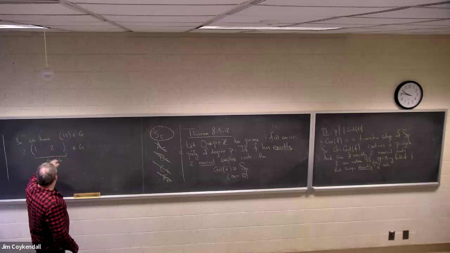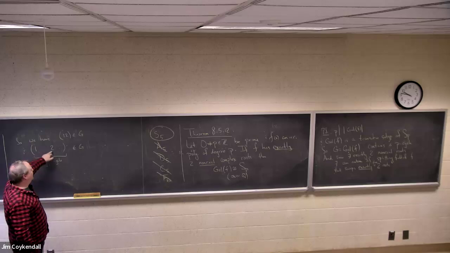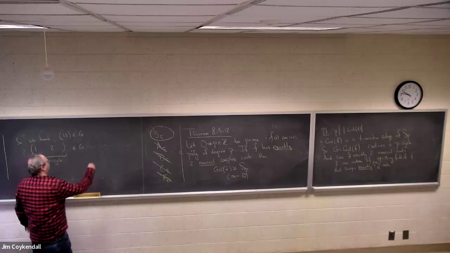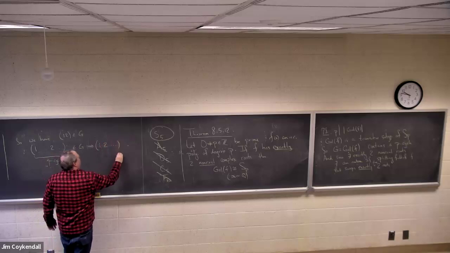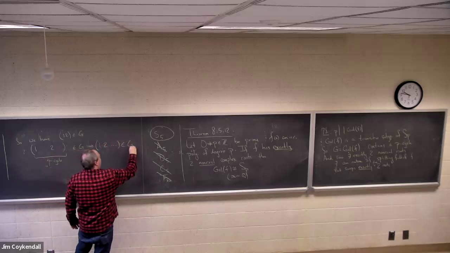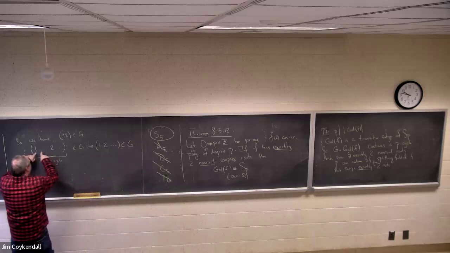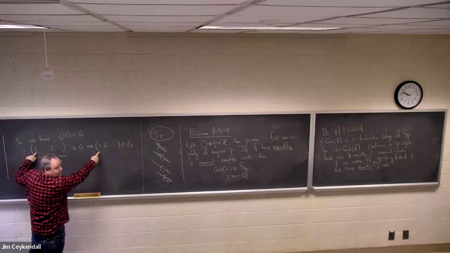We have (1 2), and there's a p cycle, and a p cycle must involve all the roots, right? 1 and 2 may not be next to each other, but they can be. If they're already next to each other in the cycle, I'm done. If they're not next to each other, then instead of p, I'll use p squared.